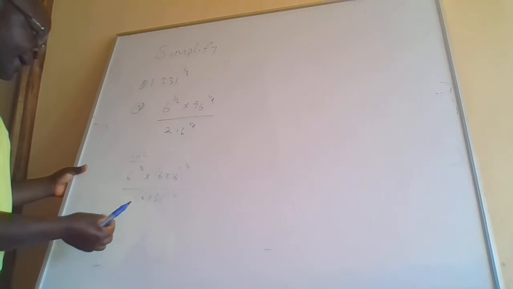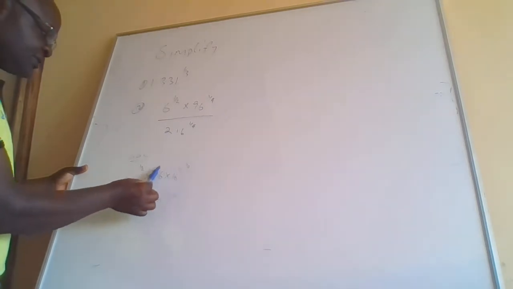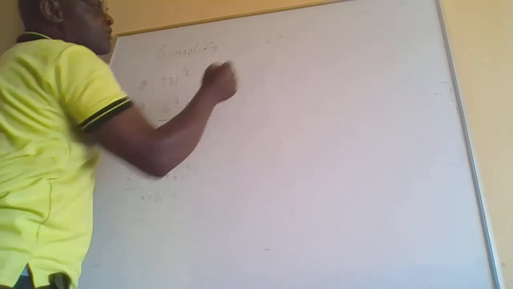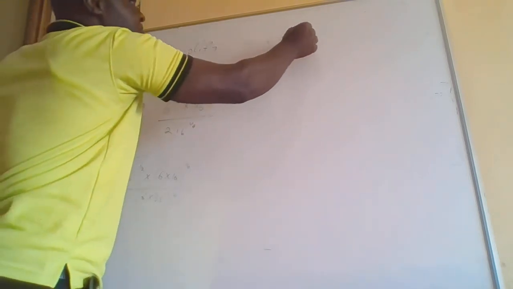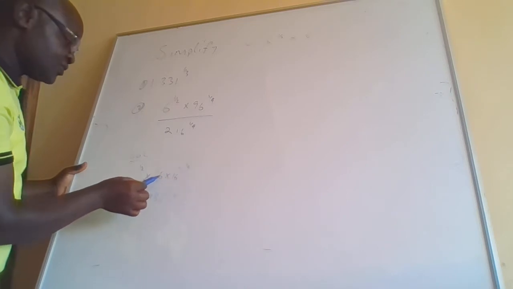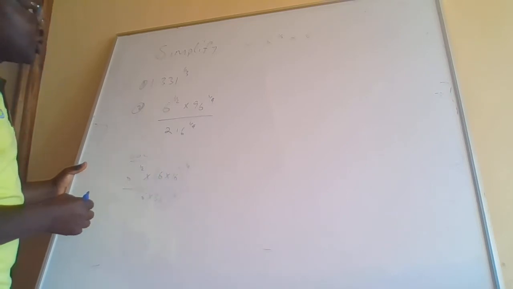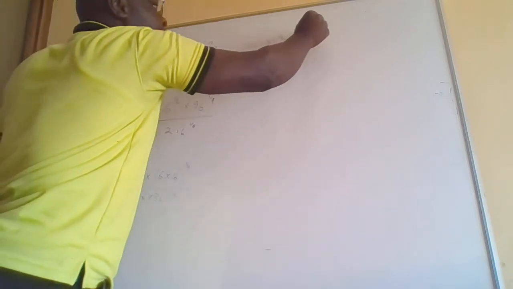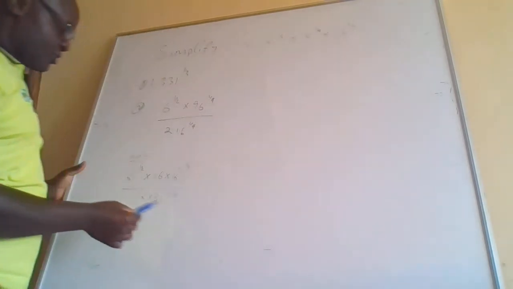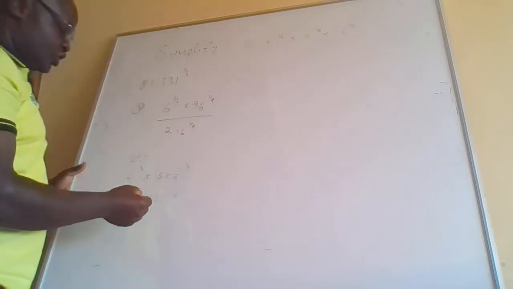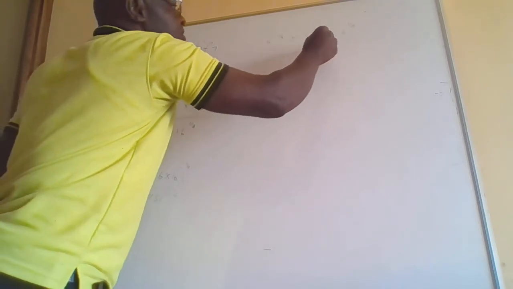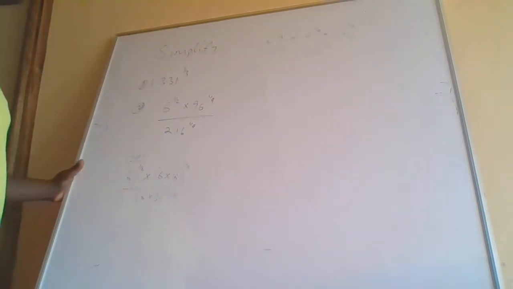Now we can open up this bracket. This equals 6 raised to a half times 6 raised to 1 over 4, and 16 raised to 1 over 4, all over 6 raised to 1 over 4.